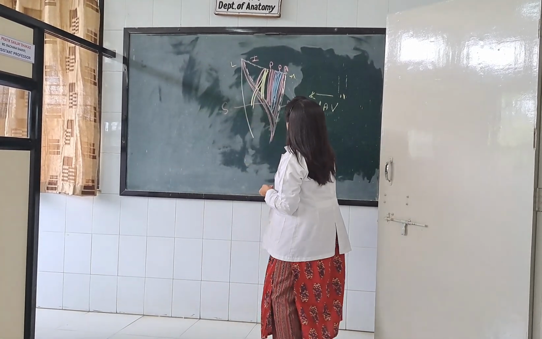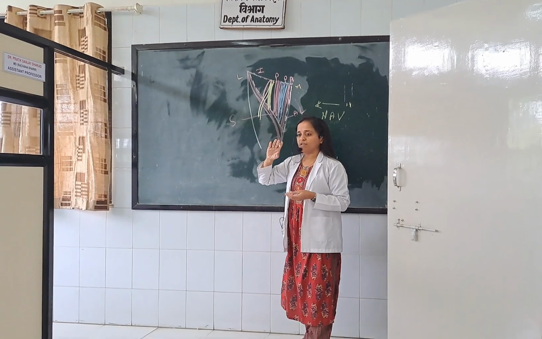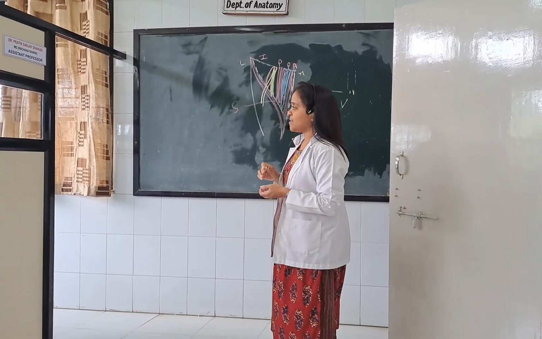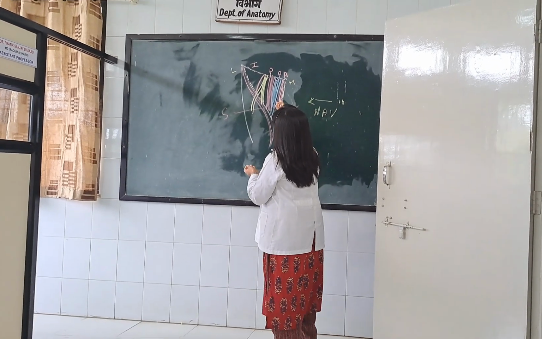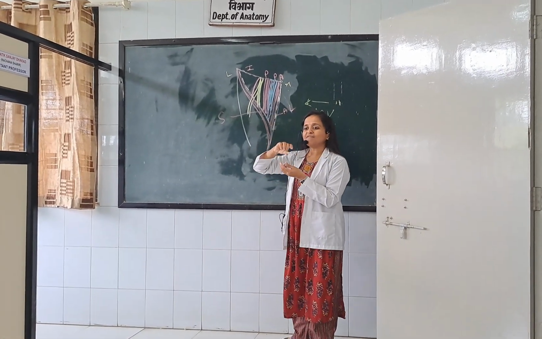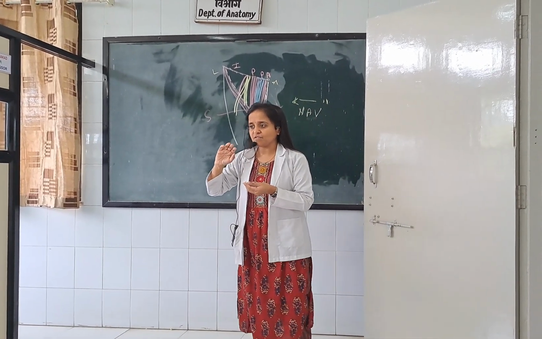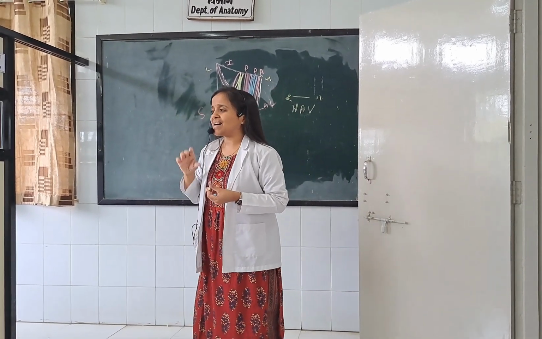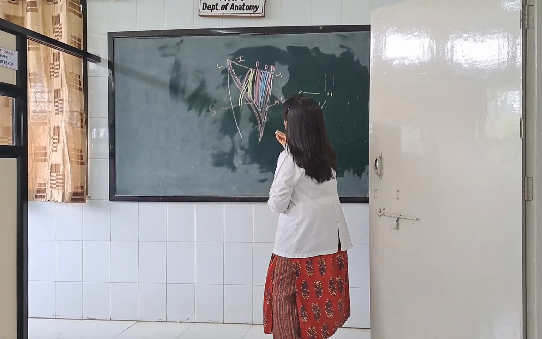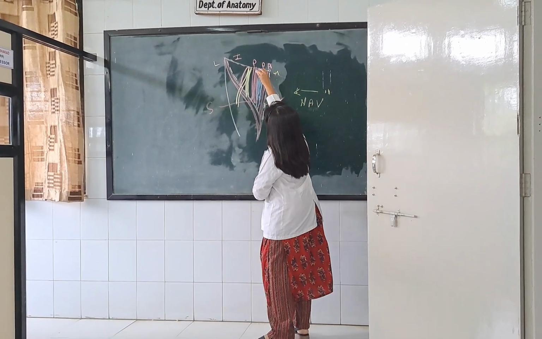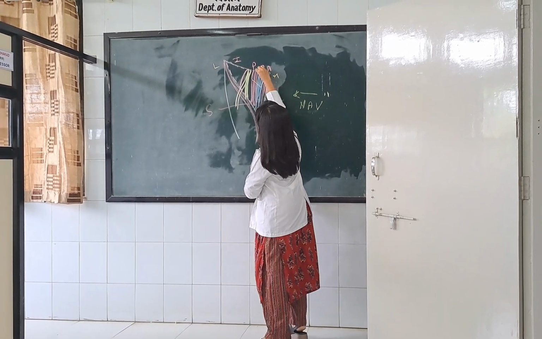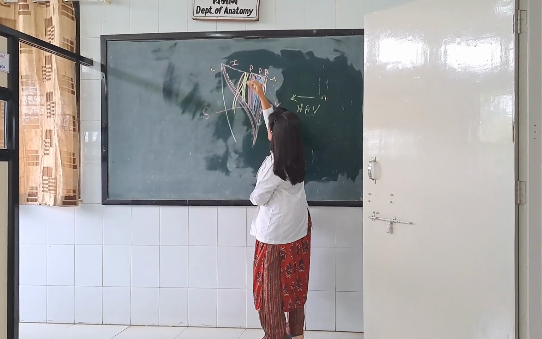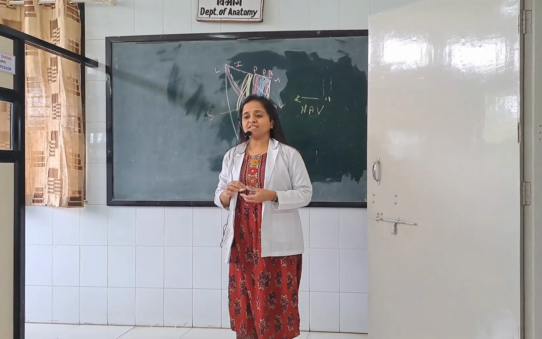So for that purpose, you must first know the arrangement of the vessels and the nerve in the femoral triangle. Now coming to the next part, femoral vessels don't include the femoral nerve. We all know this. Femoral vessels means femoral vein and femoral artery, the two contents which are enclosed by a femoral sheath. Now what is this femoral sheath?